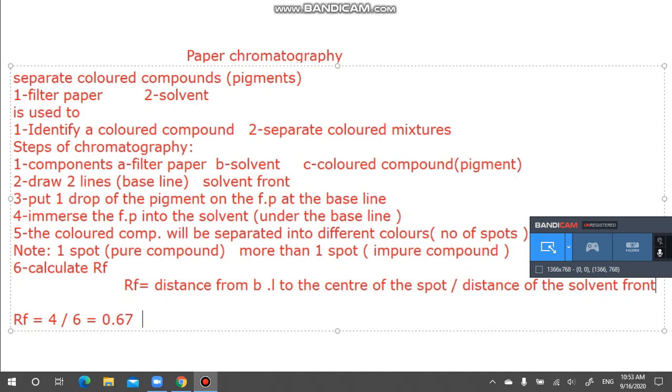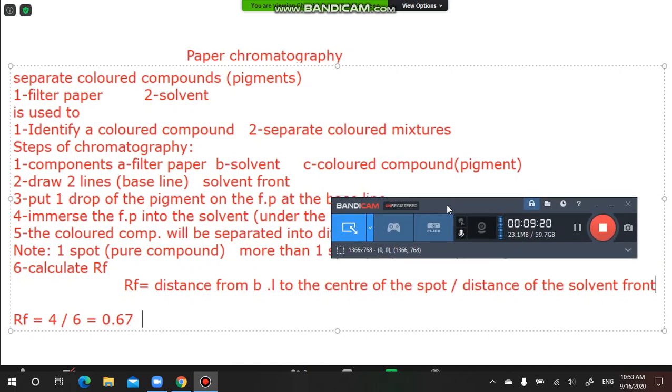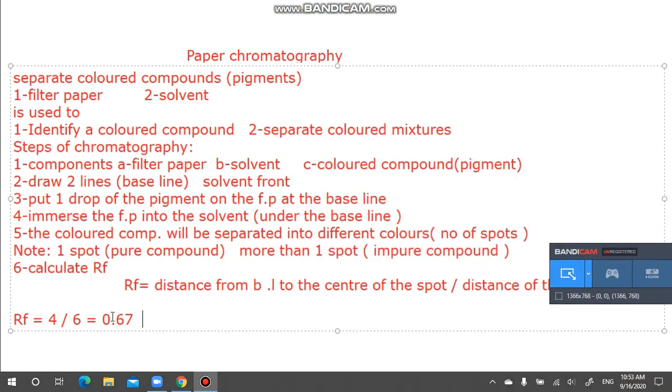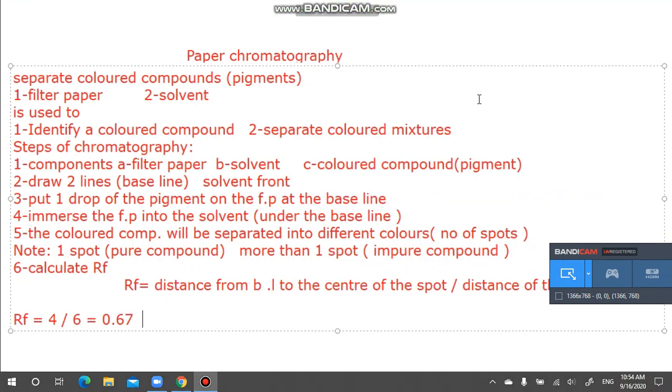Again, how can we identify the compounds in a mixture? Every compound has its definite RF. For example, ethanol has a definite RF, methanol, carboxylic acids, and so on. All compounds have a definite RF.